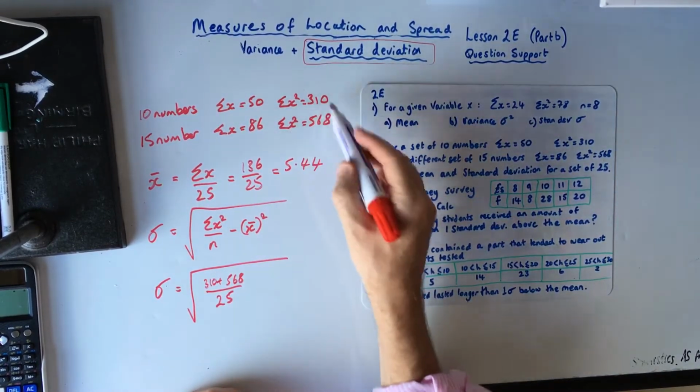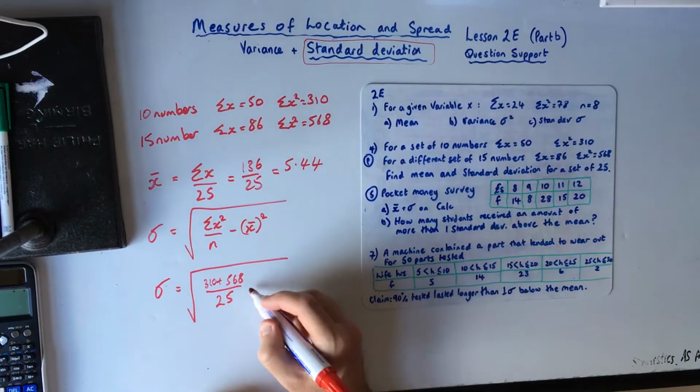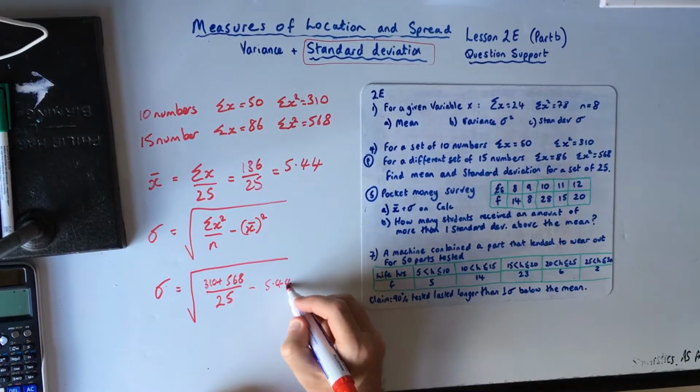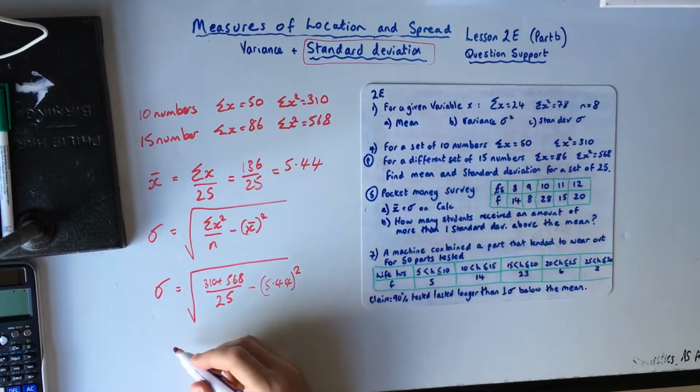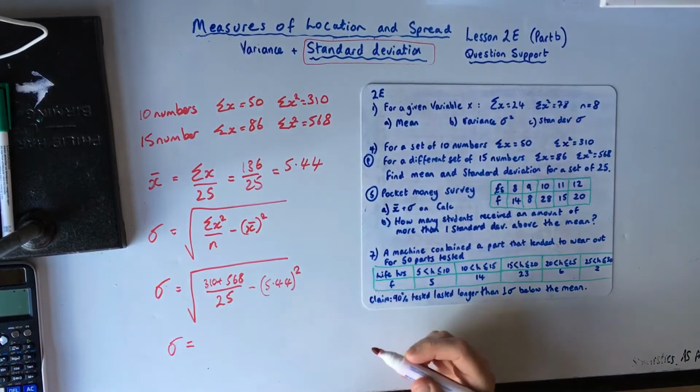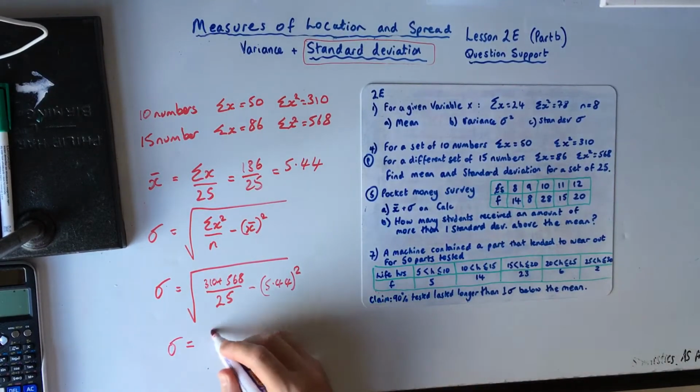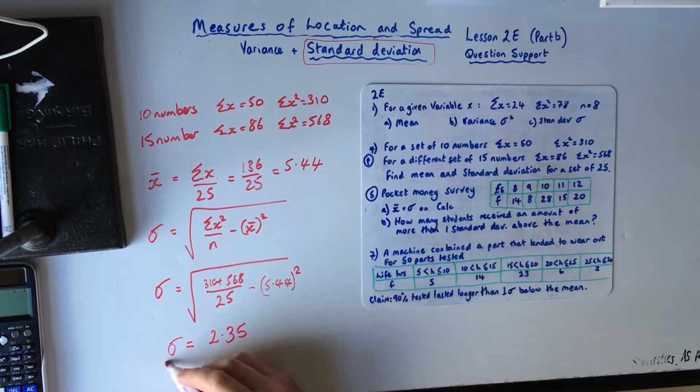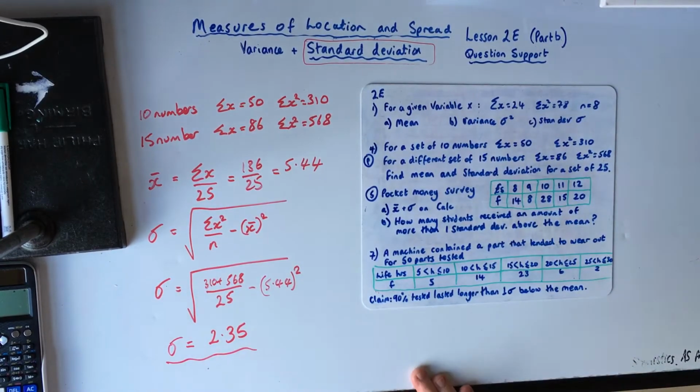Okay, the sum of all of the x squareds divided by how many there are minus the 5.44 squared. And you put all that into your calculator, which I did. I got 2.35, which was the right answer. And that's the standard deviation. Okay. All right.